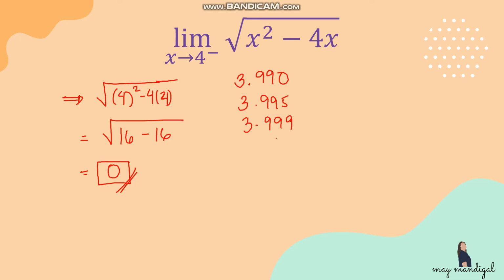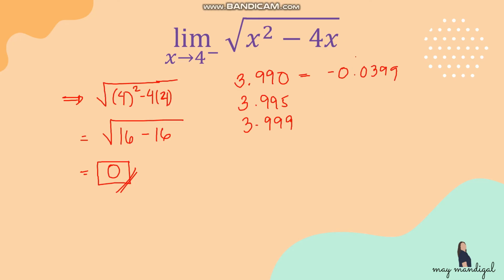Now, let's observe the values. What will be the values of the function if we substitute them into this function? Okay, so let's try it with 3.990. If we get the square of 3.990 minus 4 times 3.990, the value inside the radical symbol will become negative 0.0399.